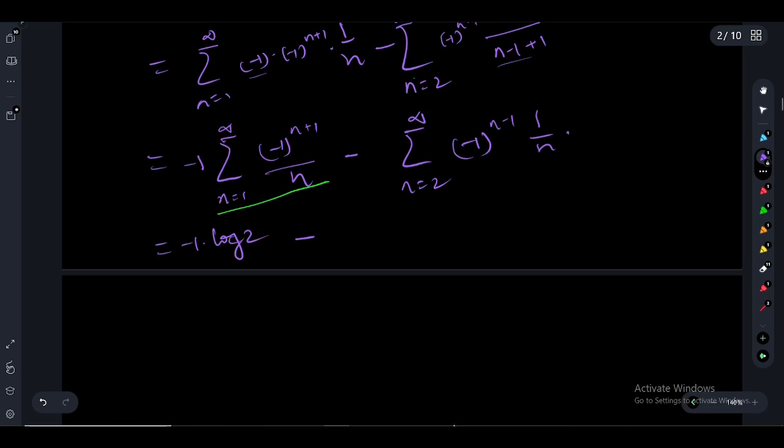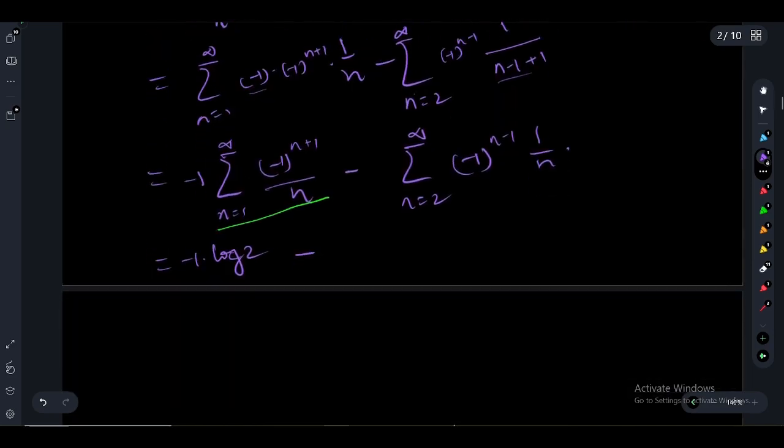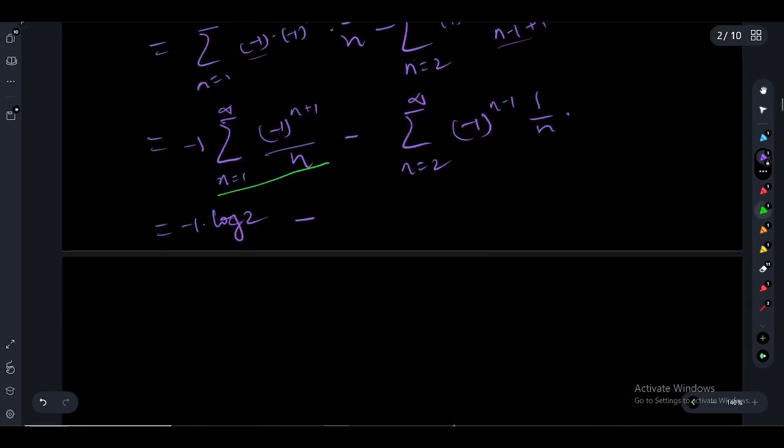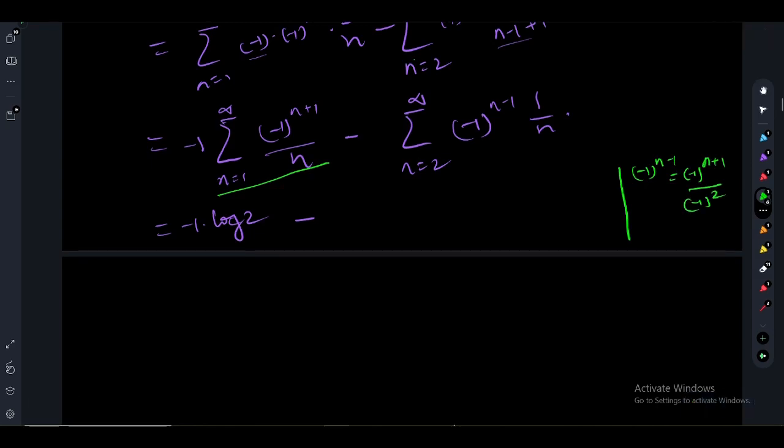Now in this case, note that minus 1 whole to the power n minus 1 can be written as minus 1 whole to the power n plus 1 by minus 1 whole square, using the formula for index.